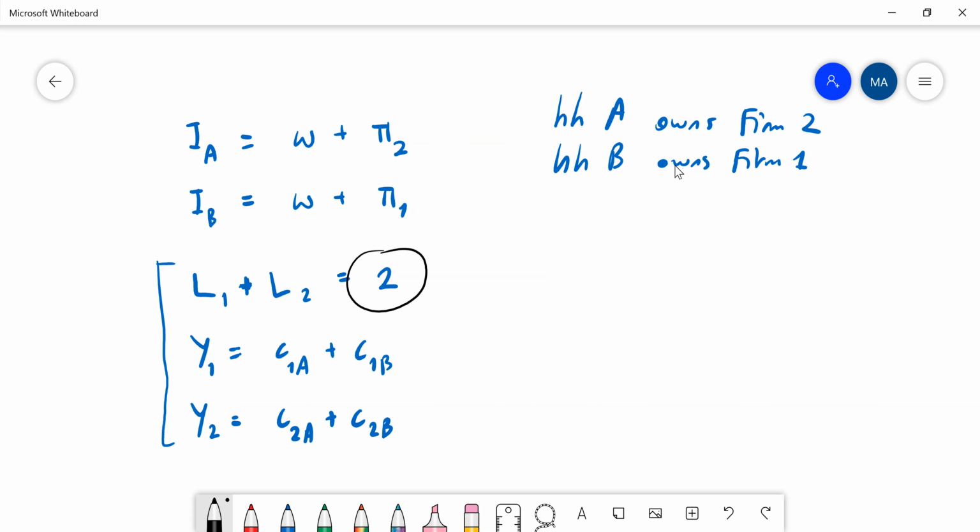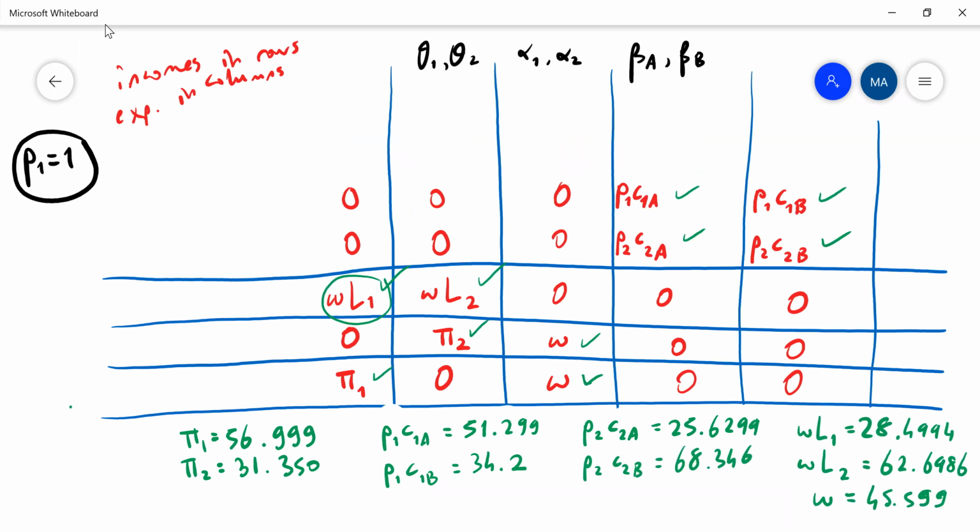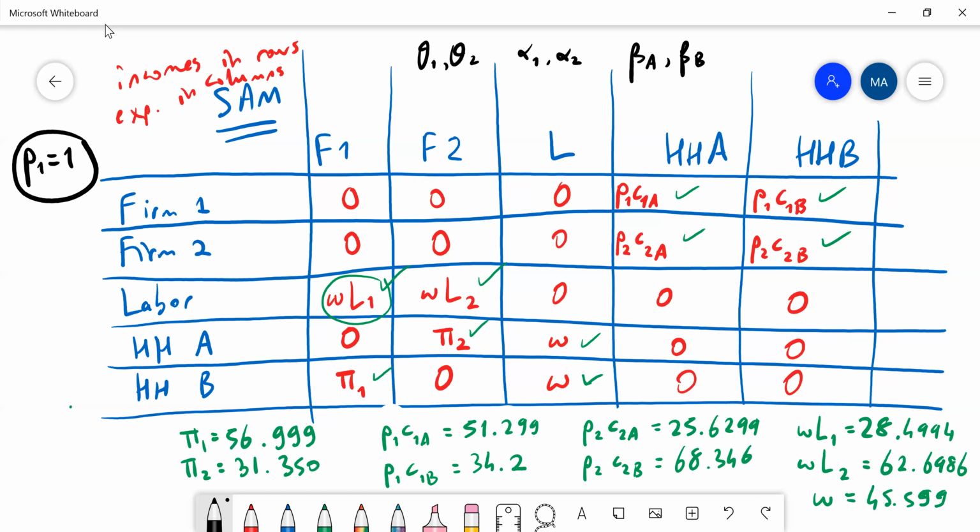So you will find the solutions of different problems. Then you will carefully identify from the SAM data here. You will look at the SAM data and try to recover these parameters, as we discussed in class last week and today.